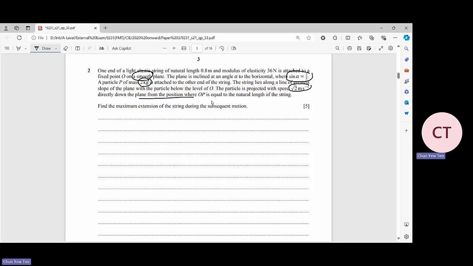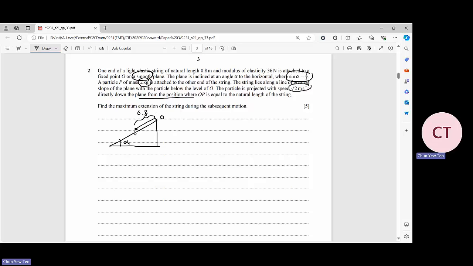Find the maximum extension of the string during the subsequent motion. Over here, you have an inclined plane. This is alpha, this is O. The length over here is 0.8.